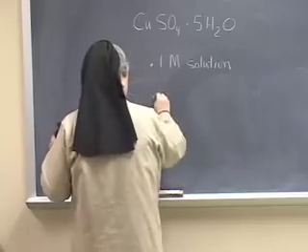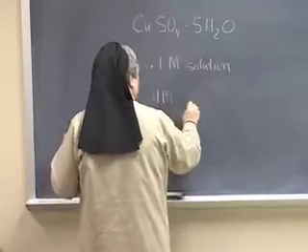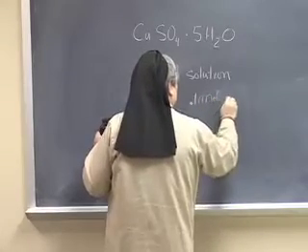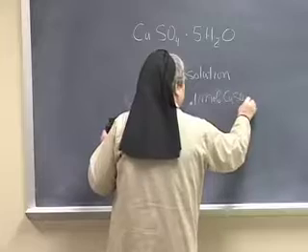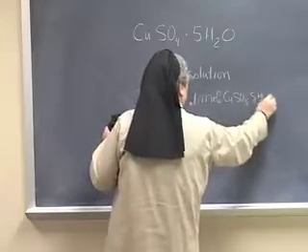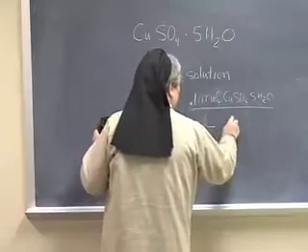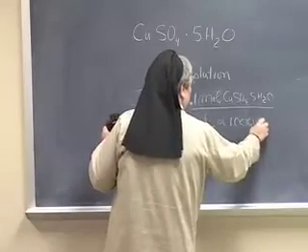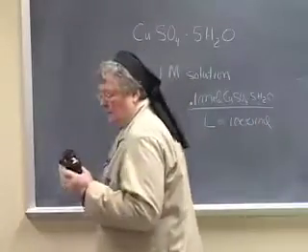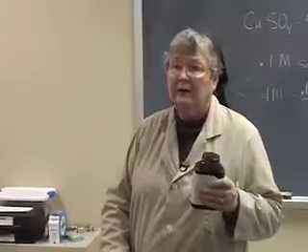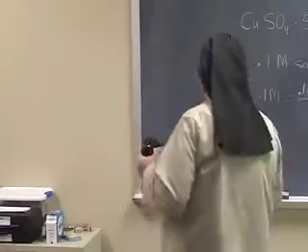So 0.1 molar means 0.1 mole of copper sulfate pentahydrate in a liter, or 1,000 milliliters. So the very first thing I have to do is I have to weigh this out. And as you know, I can't exactly weigh a mole. I mean, I have to know the molar mass.